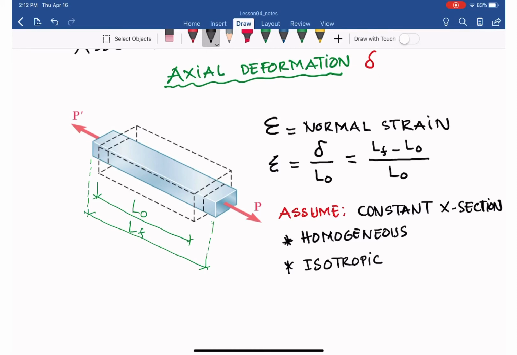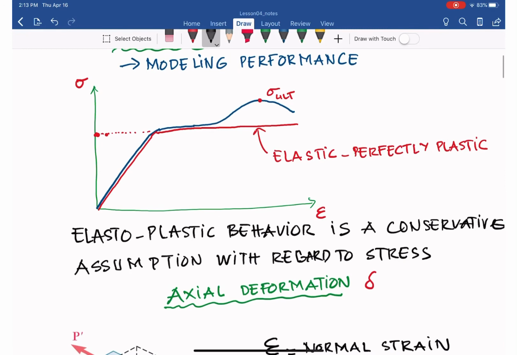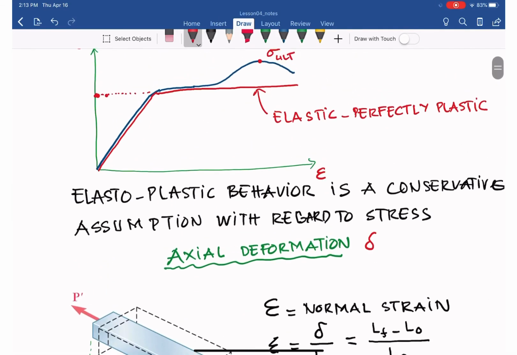When you have those two assumptions, we have sigma equal to P over A, and if the cross section is transverse, then it's A_T. Then, in the elastic region, which is the first region of the behavior of the material, we have the Young modulus equal to sigma over epsilon, which is what we had last time.